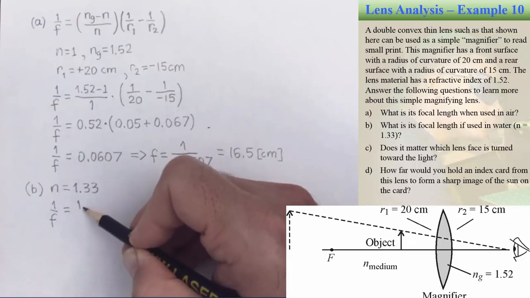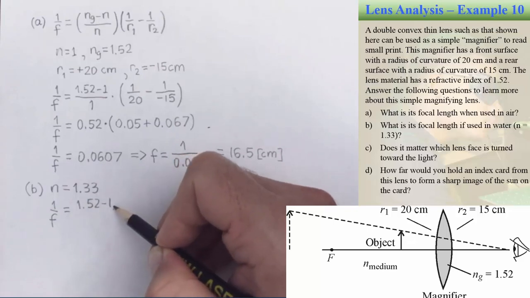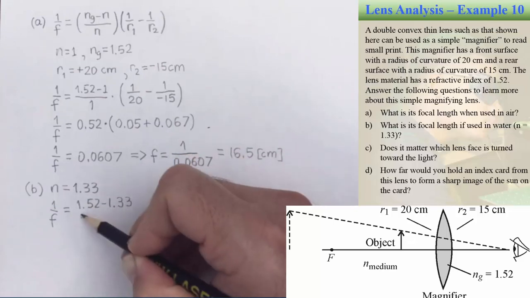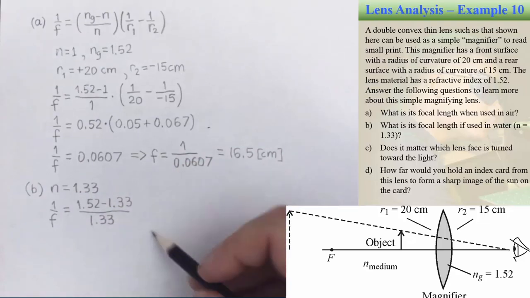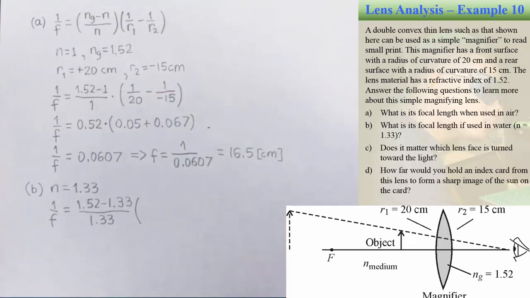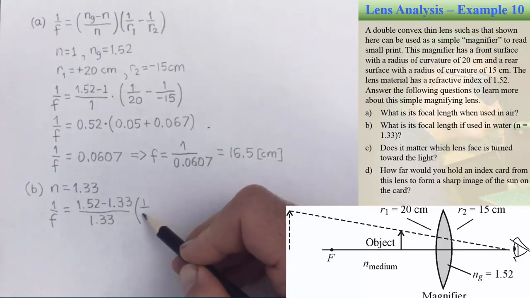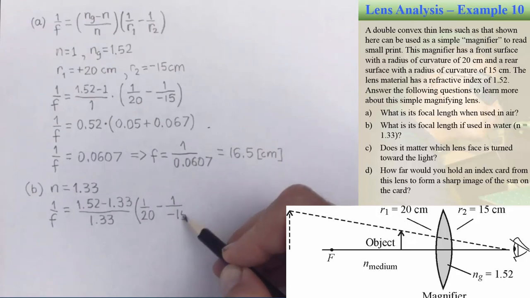We're going to have here (1.52 minus 1.33) over 1.33, and then the term in the brackets is going to stay the same, as we are not changing the radii of the lens. So we still are going to have 1 over 20 minus 1 over minus 15.